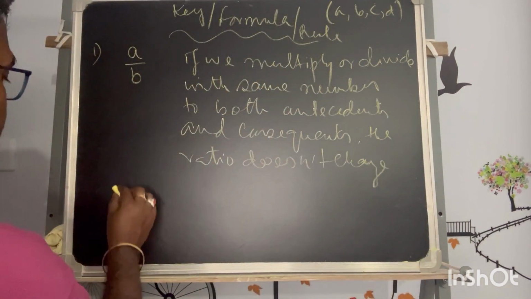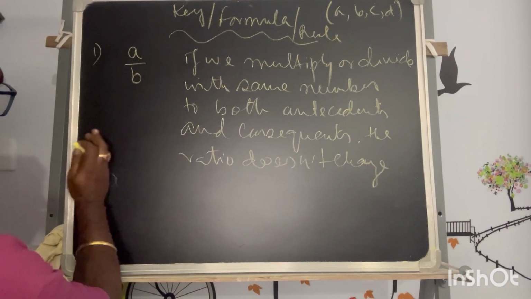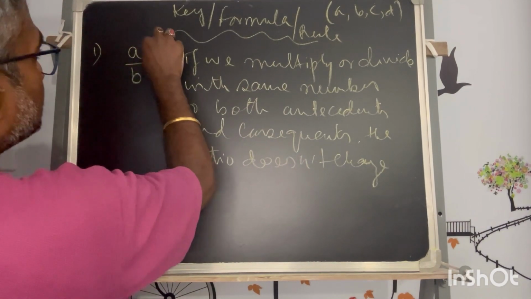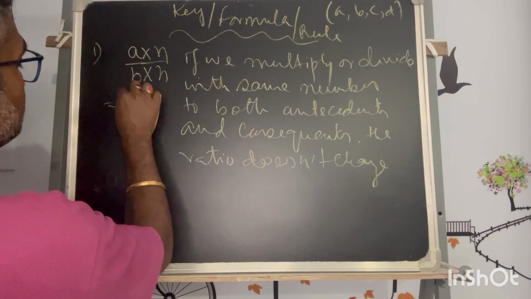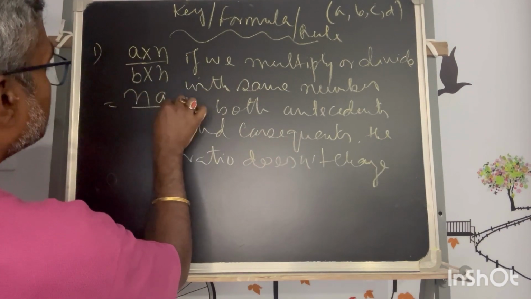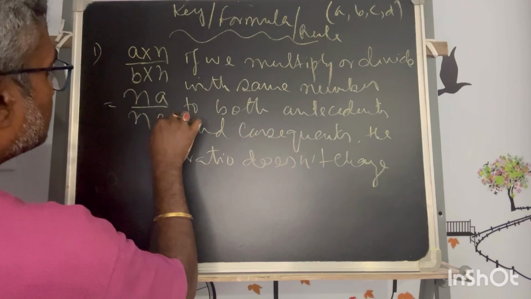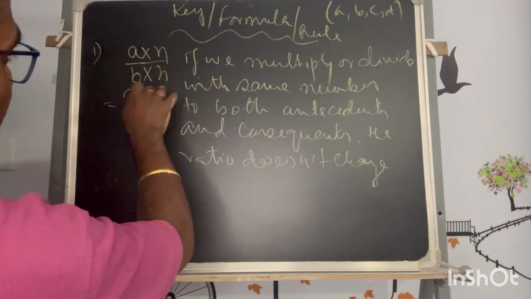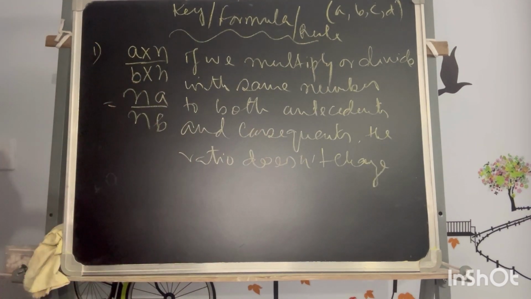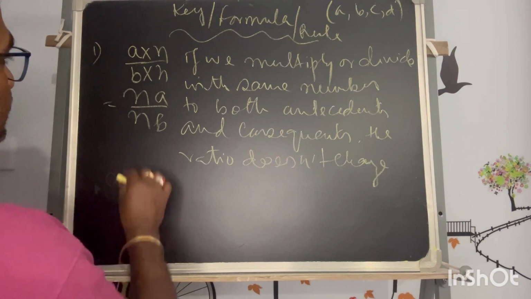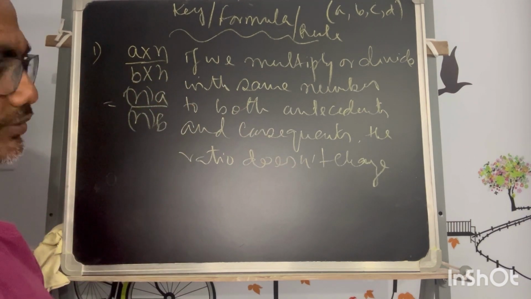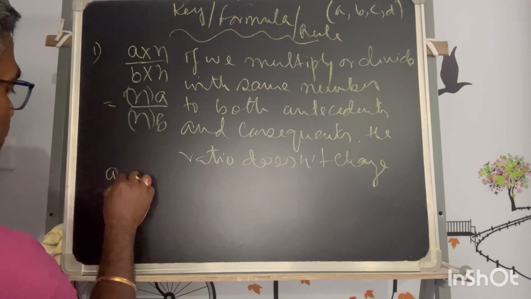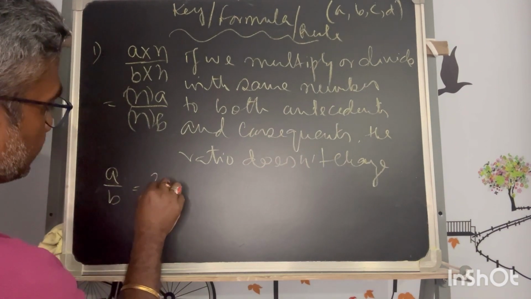So what is that? If I take a by b and multiply it with the same number, it will change only the values of the antecedent and consequent, but the ratio at the end will not be affected, because both can be nullified. So if I take an example, a by b is equal to 2 by 3.